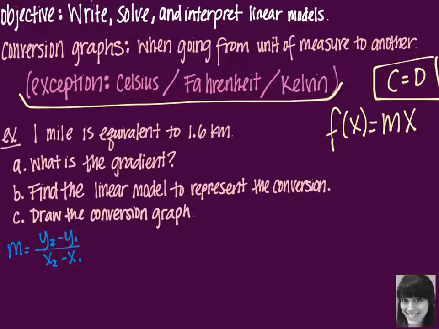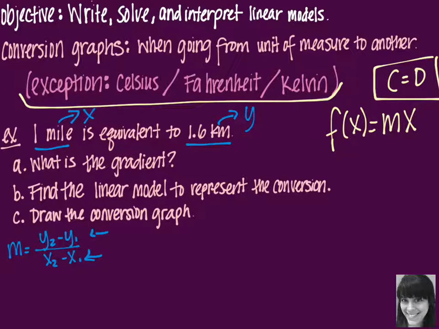So if my unit, which is 1, is the denominator, the x value, then that means I'm just dividing the y value by 1. Okay, so let me show you what I mean. Let's make our mile the x value and the kilometer our y value. So this is going to be the x value, the input. This is going to be the y value.